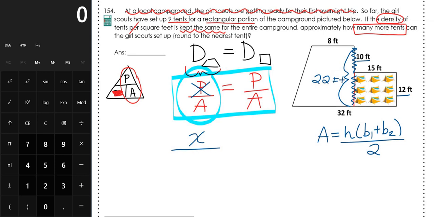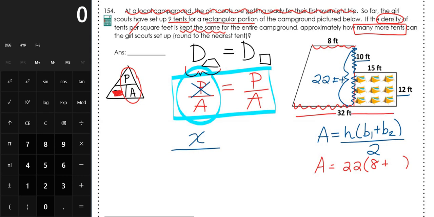So I'm going to start plugging in. I have for area 22 parentheses. One of my bases is at the top. It's 8 plus base 2. Base 2 is right here. They don't give it to me, but they do tell me that 32 feet is the entire width of this shape.